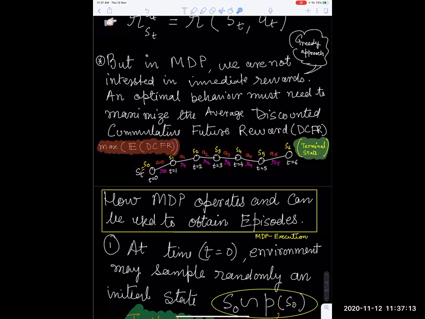So these are the states that you have, and this is how you move into these states. If at s0 you have taken a0, then you have gone to s1 and got a reward r1. At s2 you have taken an action, gone to the next state and got the next reward. This is the way the whole thing happens, and this is one such episode.